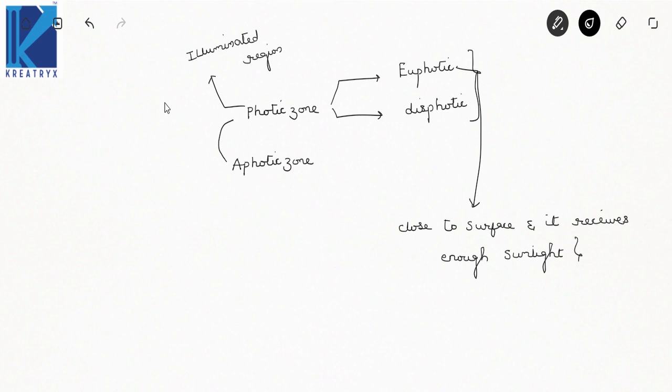So if sunlight is there, automatically photosynthesis occurs. Now beneath this is the dysphotic zone. The illumination is poor, the term itself says, light is poor.